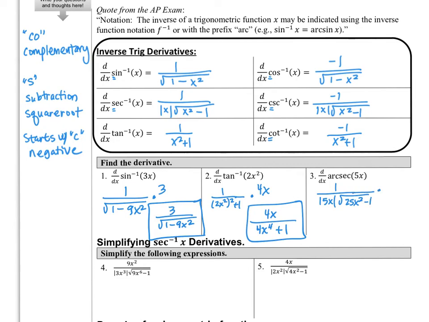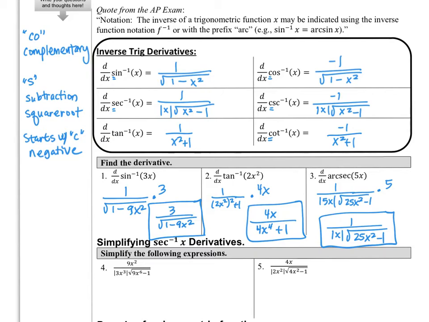And then with the chain rule we've got to multiply by the derivative of this piece, so that would be 5. The 5's would cancel out, the monomial in the front and the monomial at the back there. So this would give me 1 over the absolute value of x times the square root of 25x squared minus 1 as my answer.